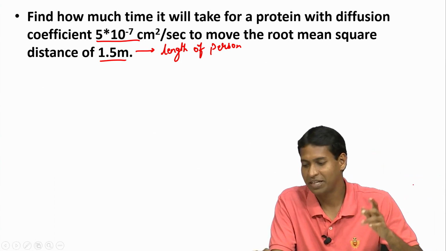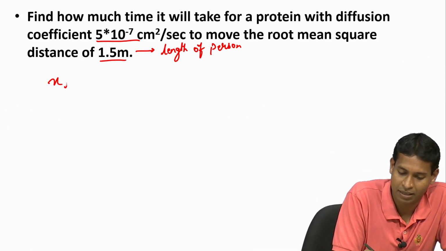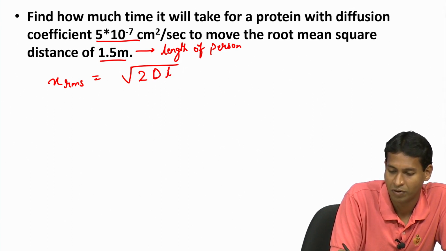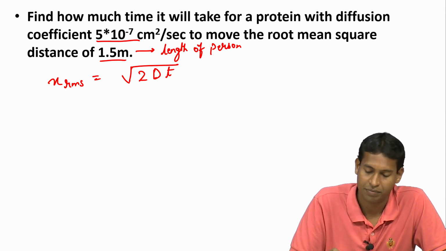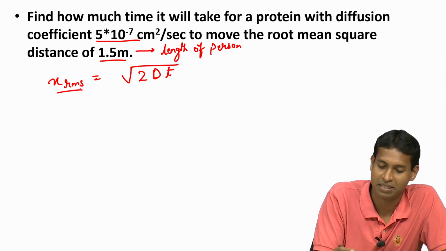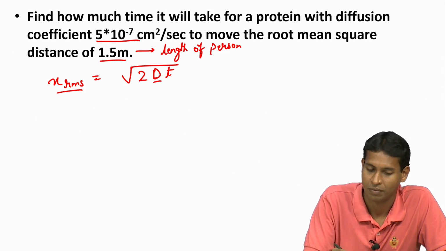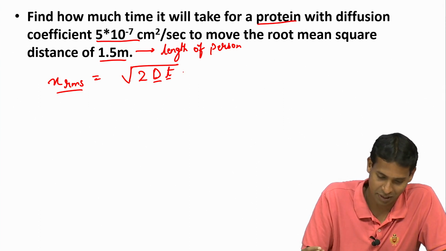So this is a very simple question in this case, because we know that the root mean square x, x RMS, is nothing but root 2 dt. Now we know the x RMS, we know the diffusion coefficient for that particular protein in that media, and we want to find out how much time it will take.